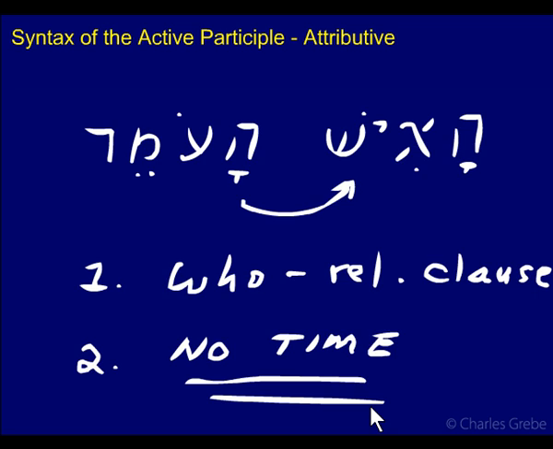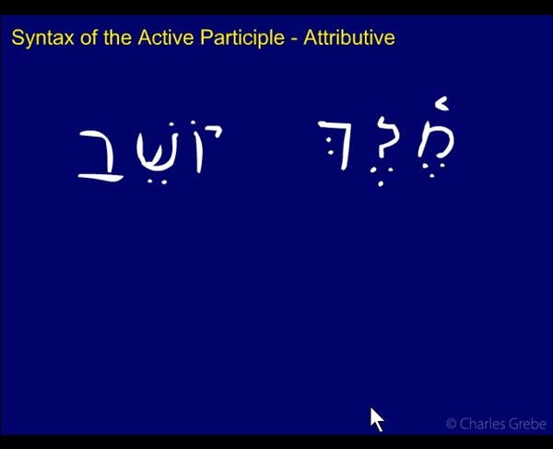Okay, let's look at some other examples. Here we have melech yoshev. So melech here is king. Yashav is to sit, in this context anyway. Notice we have the full holem vav here. Remember I said that you can have the full holem vav or just the holem in participles. This is masculine singular, right? Yoshev, we see the tzere there and no ending.